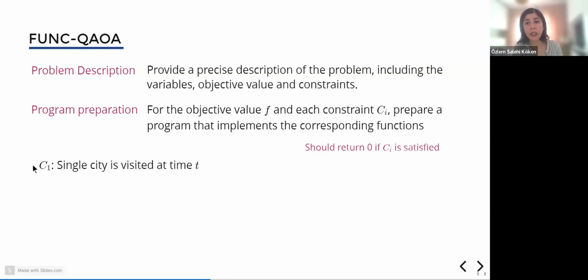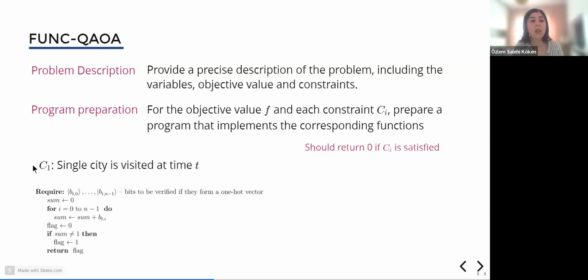Then to check if this constraint is satisfied, we can design a classical program like this. In this classical program, let's check what we are doing. Say we are given n bits, where t is fixed, and we are given b_t0 up to b_t(m-1). To check if a single city is visited at time t, we should check if this is forming a one-hot vector, if exactly one of the bits is set to 1.